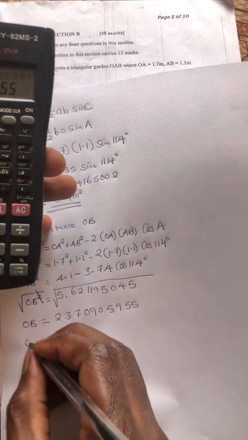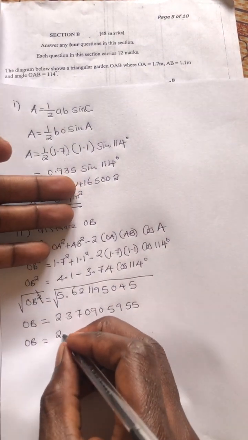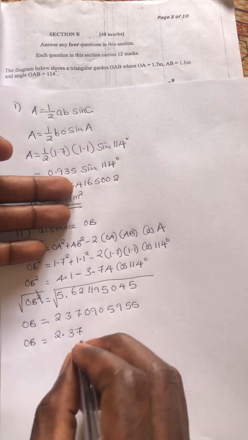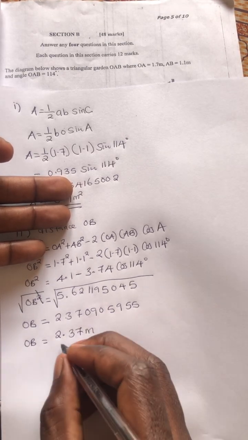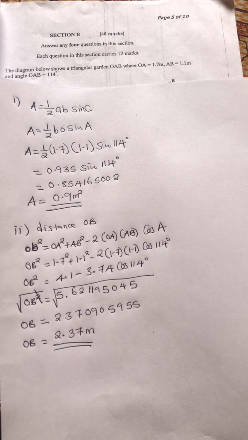So let's leave it in 2 decimal places: 2.37 meters, since this is a distance. So that is our distance OB.